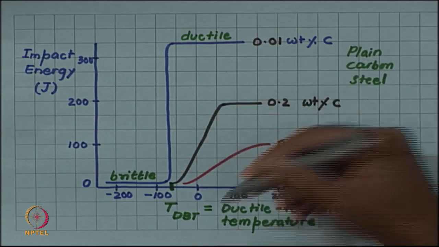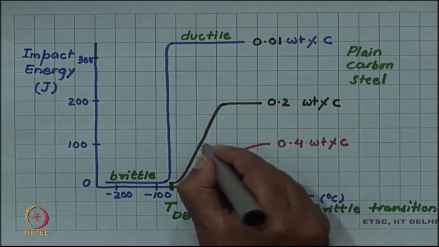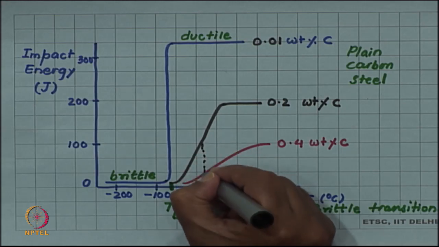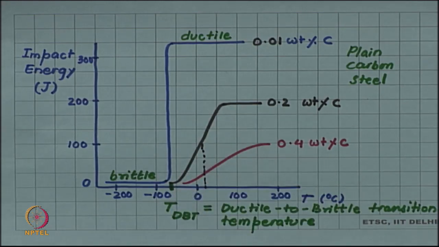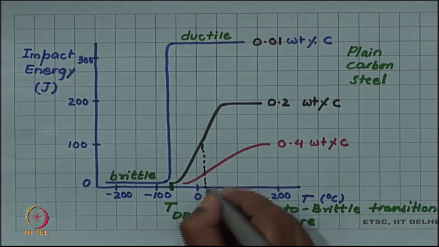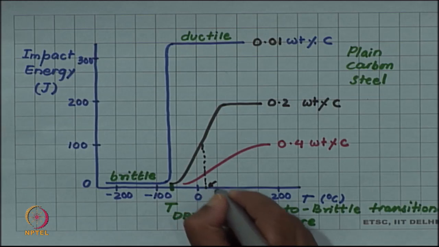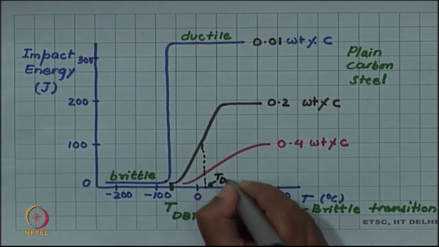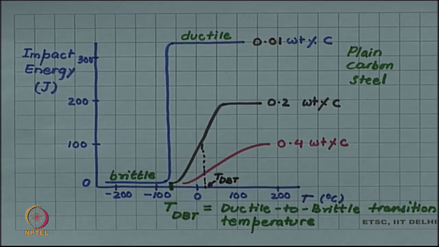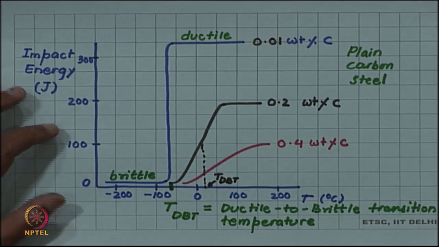But then for this, the ductile to brittle transition temperature will be taken as somewhere in the middle of this transition zone. So, this will be the DBT for 0.2 weight % carbon.